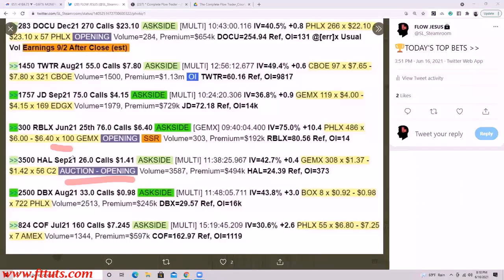But maybe you see something in Hal that you think the stock is going higher, or maybe it pulled back over the past 2 days and you're looking for a dip buy, whatever it may be. This is a clean bet. So this is the stuff you want to focus on for swings.